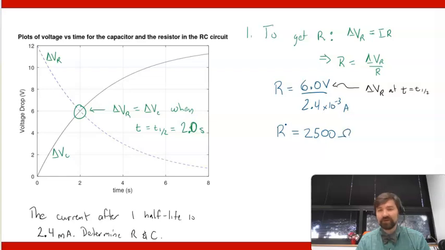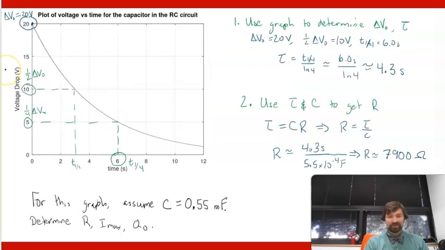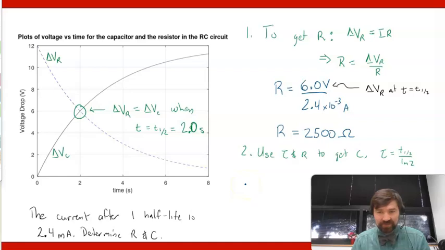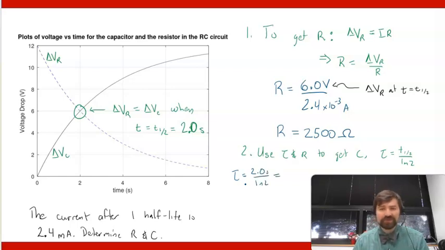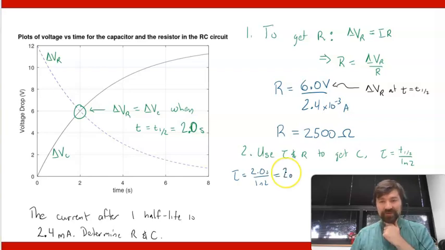2,500 ohms. Okay, well now we have R, so finding C is just a matter of rehashing the step 2 from the previous. Basically you use tau and R to get C. So basically you're using tau is T1/2 over ln2, so that's 2.0 seconds over natural log of 2. I believe that was 2.9 seconds. Yeah, 2.8854. So we'll round to 2.9 seconds.